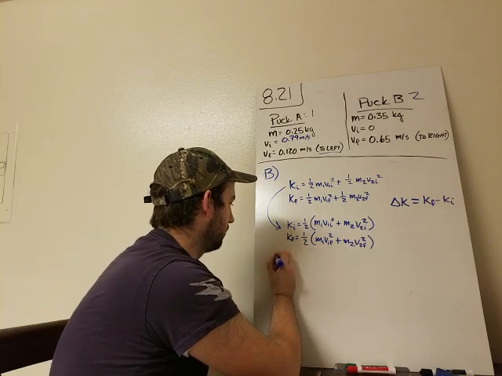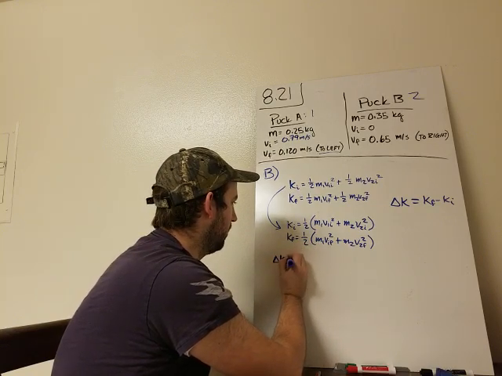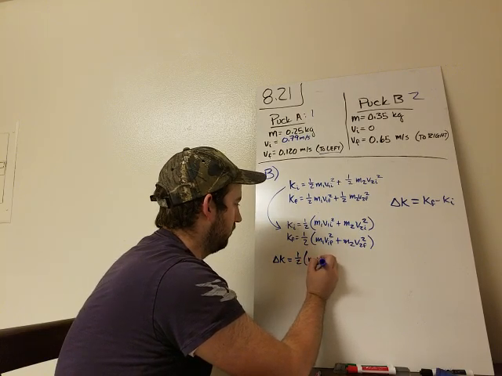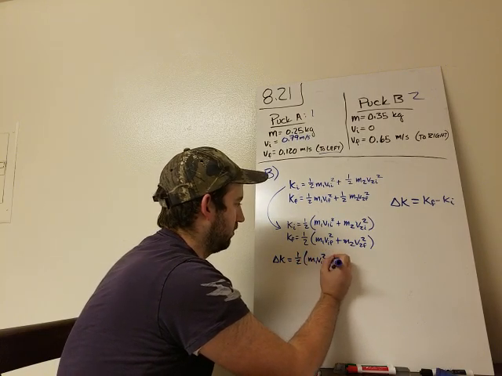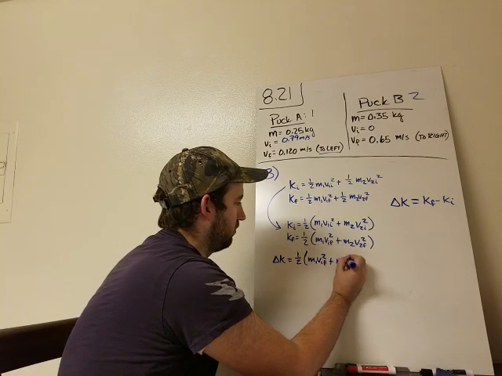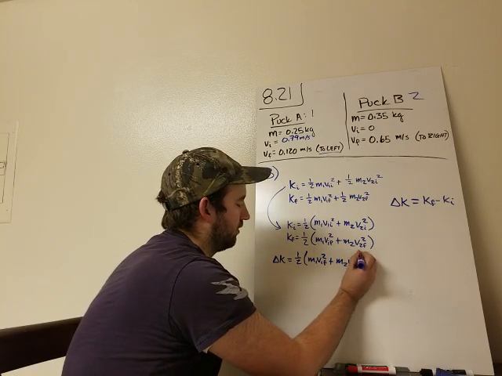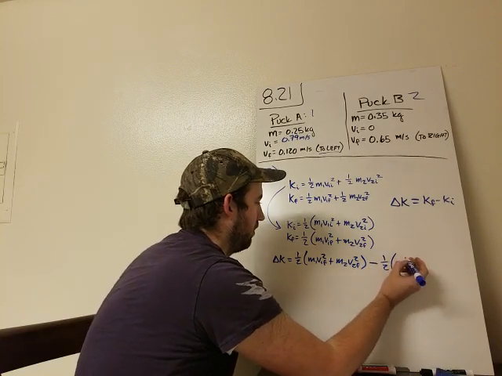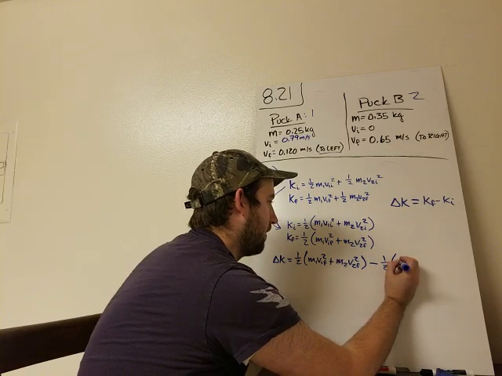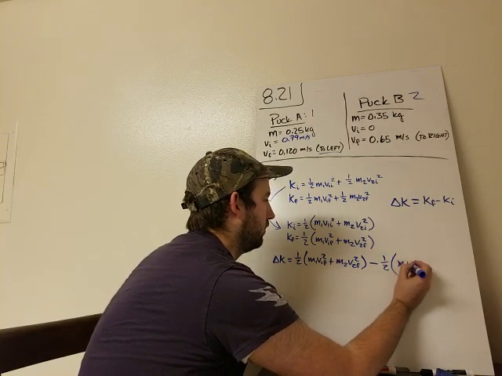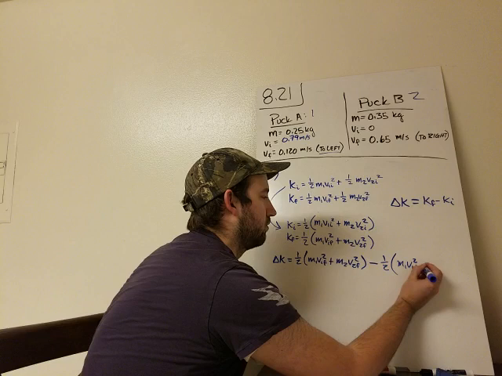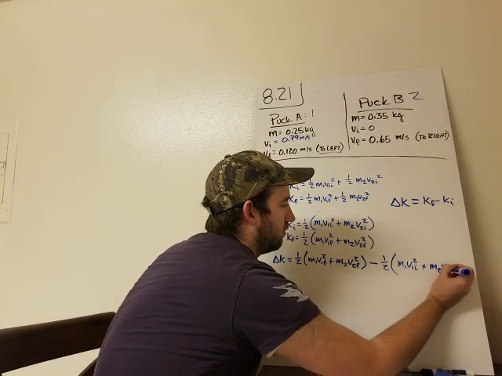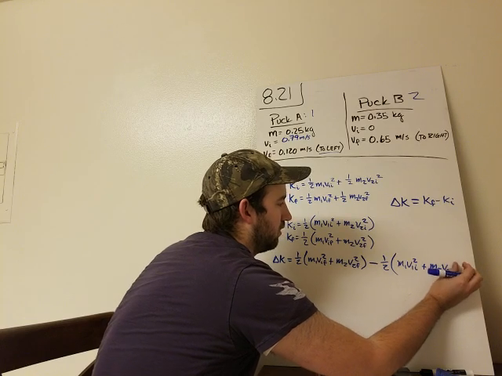So delta K equals 1/2 times (m1v1f squared plus m2v2f squared) minus 1/2 times (m1v1 initial squared plus m2v2 initial squared).